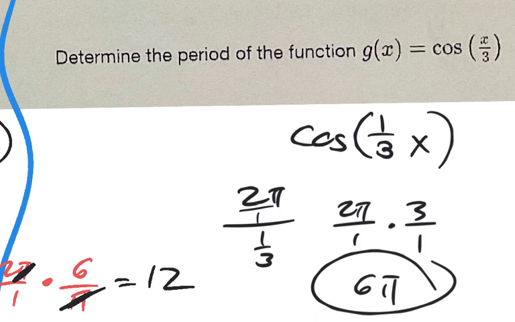So the period is now 6 pi. So this one keeps the pi in it, right? Where the other one, the pi completely canceled out. Oh gosh, there's no good stopping point.